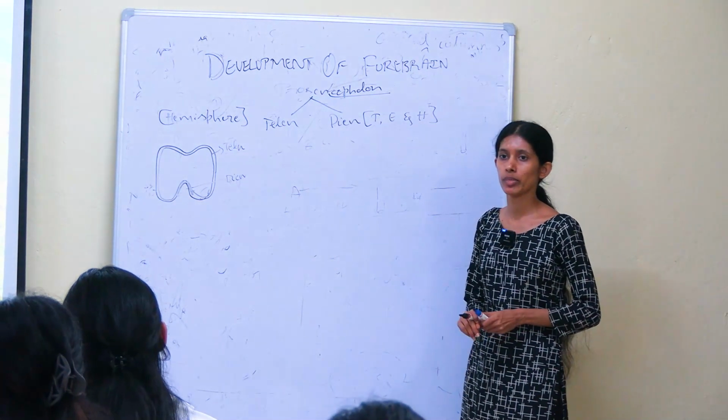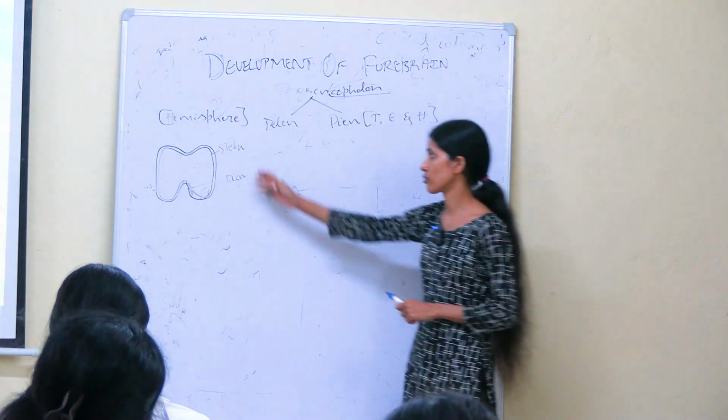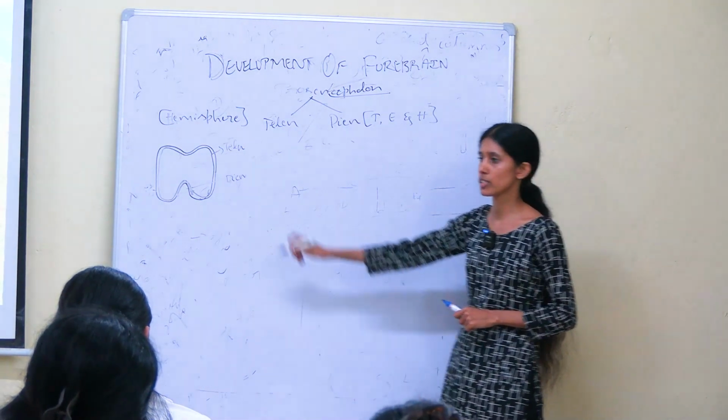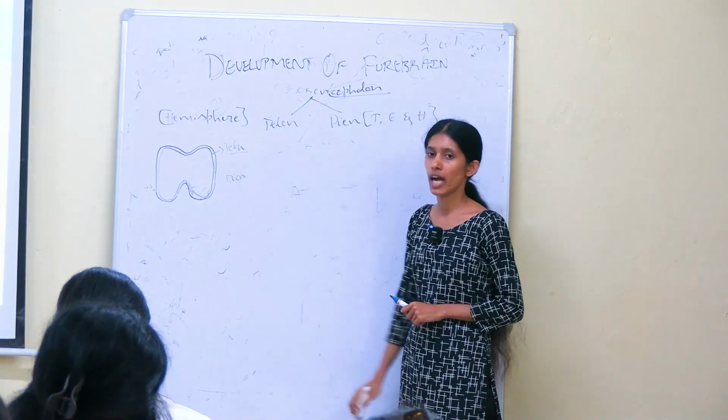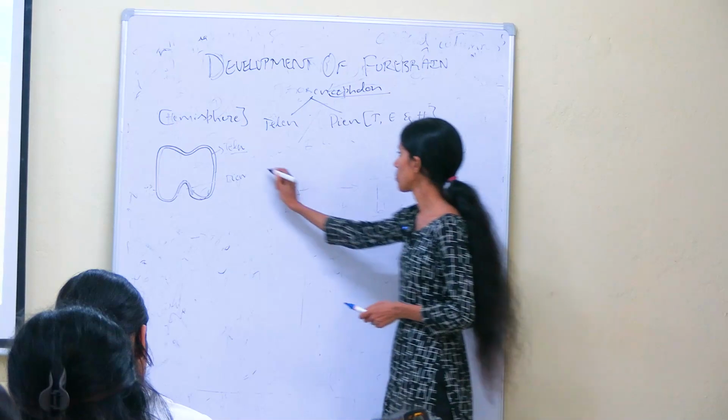During the development of your forebrain, we can see differential growth in your telencephalon part and your diencephalon part. As a result, your telencephalon will grow rapidly and overlap your diencephalon part, okay?